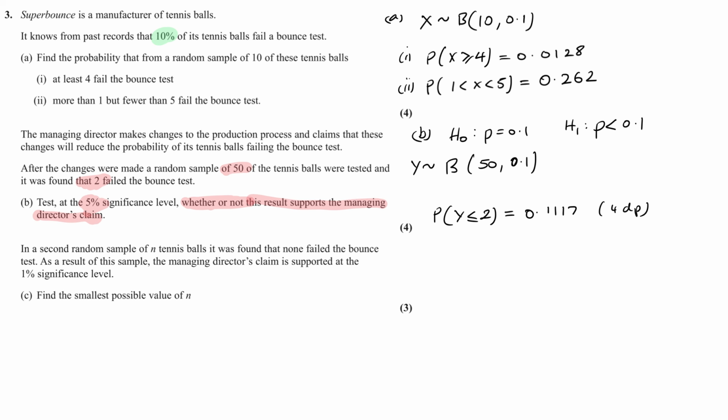I don't know why I'm switching between 3 significant figures and 4 decimal places. But yes, that's 0.1117. So this is not less than, it is greater than 0.05. Therefore we don't reject H0, so accept H0, or do not reject H0, however you want to say it.